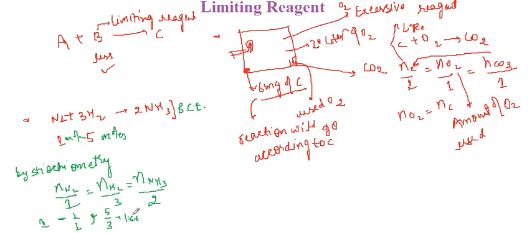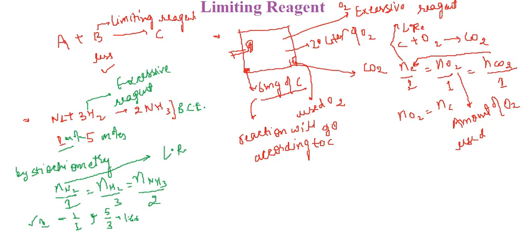Which is present in the lesser amount? N2. So N2 will be the limiting reagent, and we need 1 mole, and H2 will be the excessive reagent.